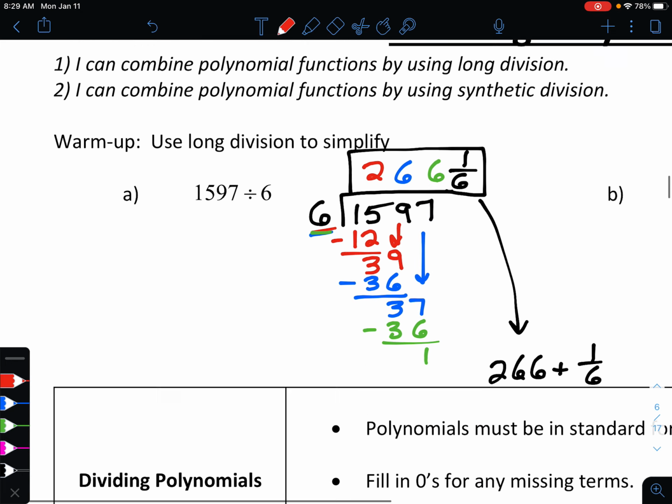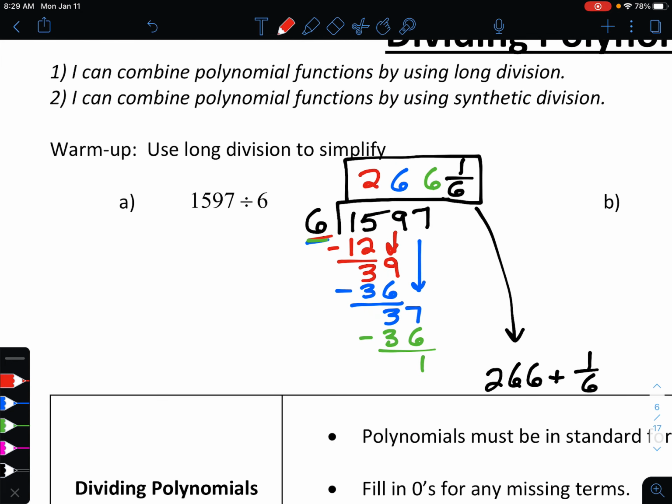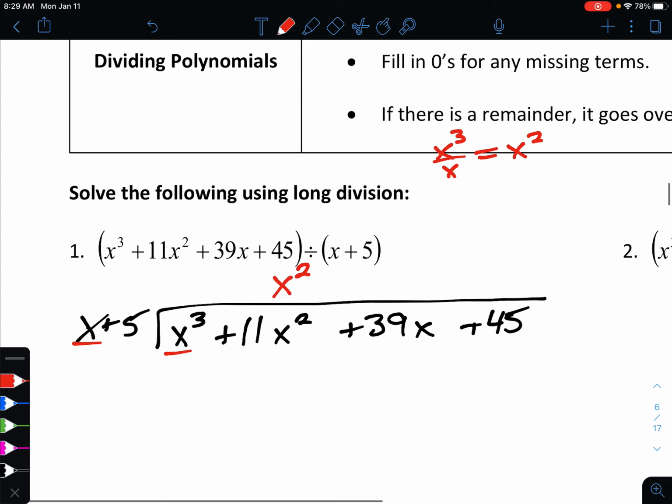Similar to our warm-up, where 6 going into 15 is 2 times, and 2 multiplied by 6 gives us this 12, we're going to do the same thing. We take x squared and multiply it not just by x, but also by the 5. So remember to distribute. We'll put that underneath what we're dividing. x squared multiplied by x is x to the third, and x squared multiplied by 5 is 5x squared.